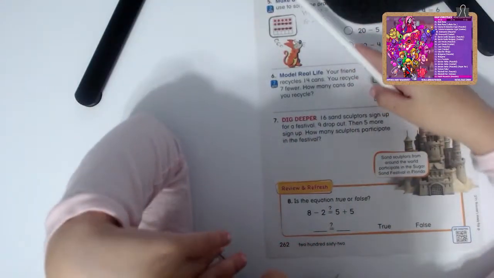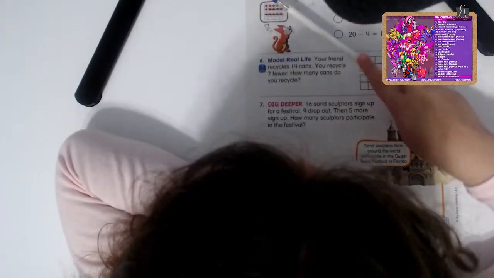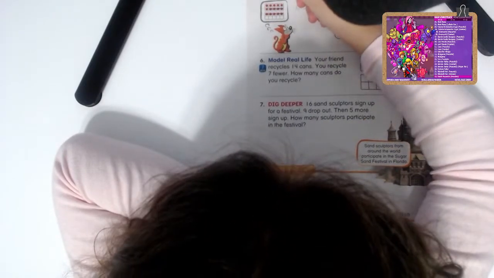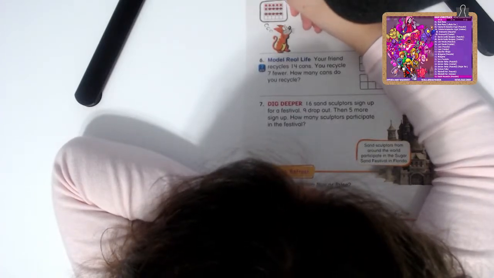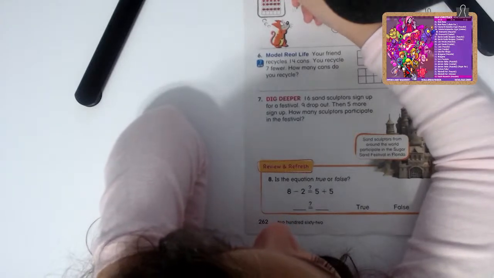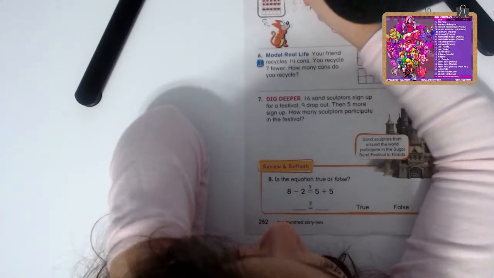10, it's 5, because the scarf is scratched off. Okay, 5 is here, so let's write it down. And what's the second equation? Second equation is 10 minus blank equals blank.